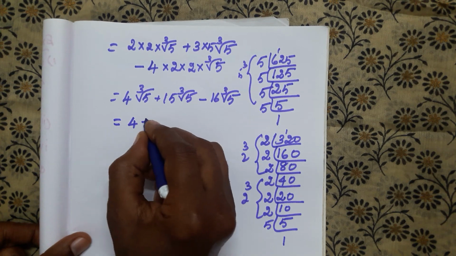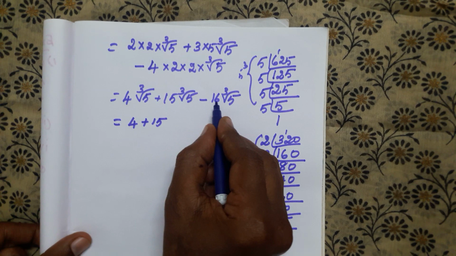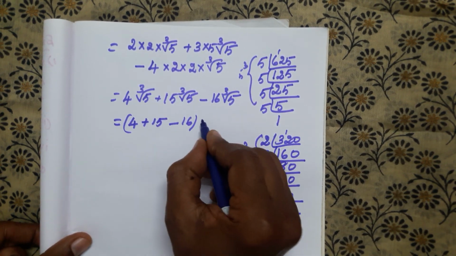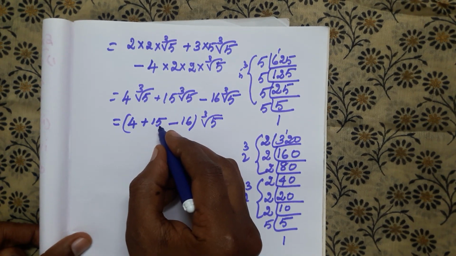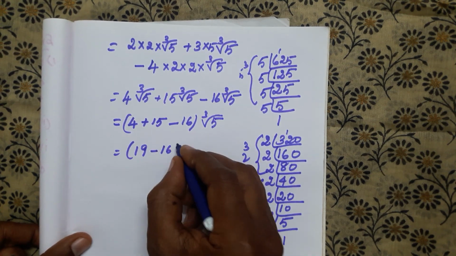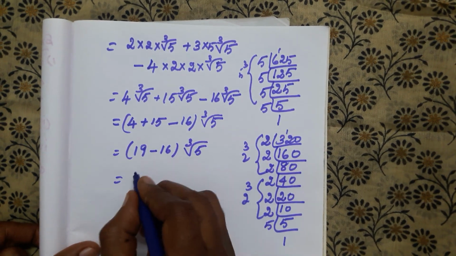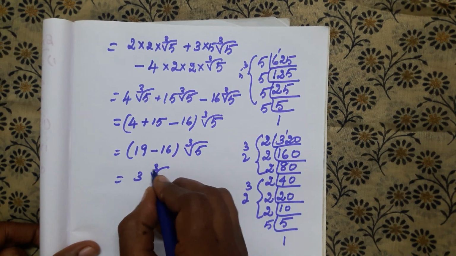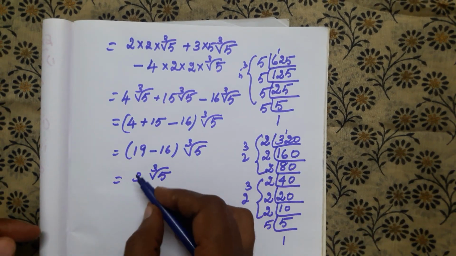We have to add the coefficients: 4 plus 15, the sign is minus 16, cube root of 5. 4 plus 15 is 19, and 19 minus 16 is 3. So 3 cube root of 5 is the answer.